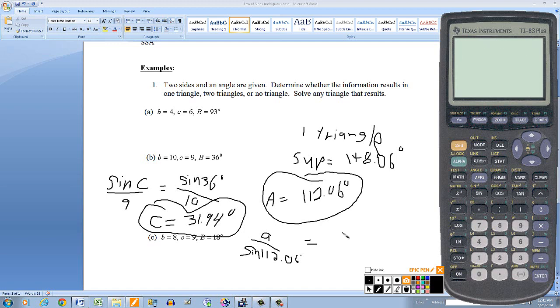Of course 10 is given, so I'm just going to use 10. I could have used the 9 also, since I already know that. So that's going to equal 10 divided by the sine of 36 degrees.